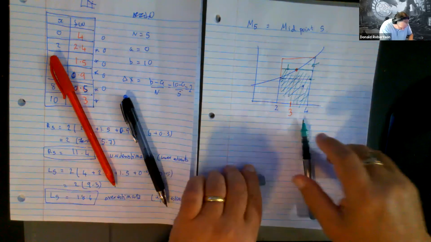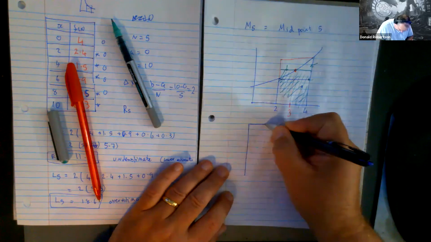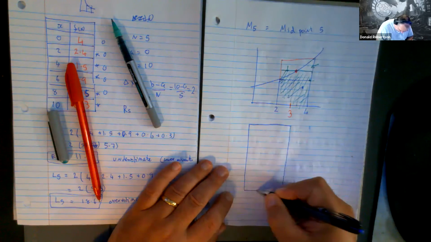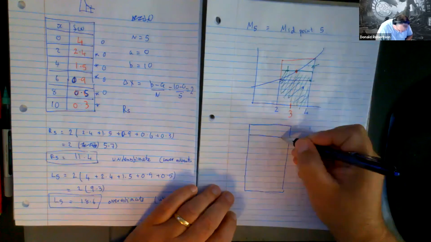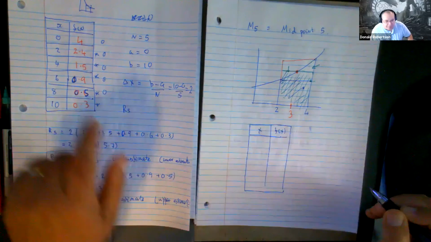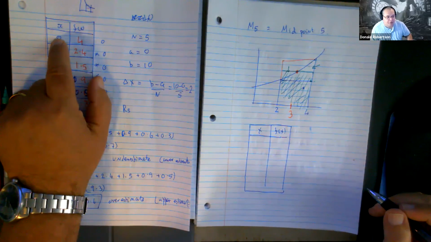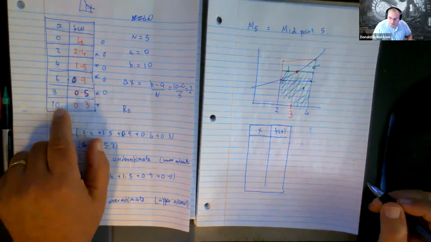So what we do is we set up a table. The only major difference in this table is going to be the x coordinates. Remember the ones we did, it went 0, 2, 4, 6, 8, 10, and so on.